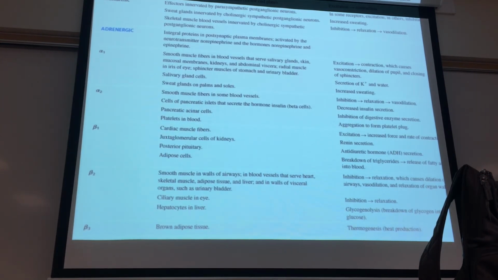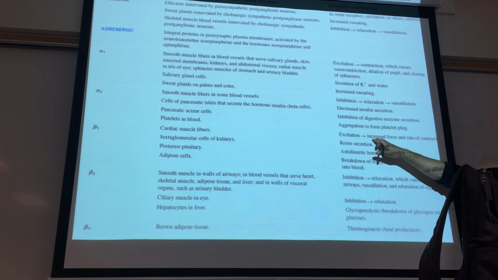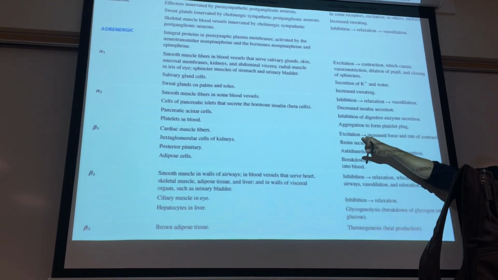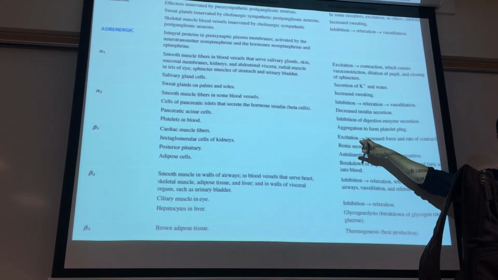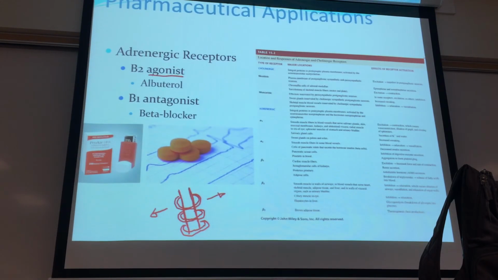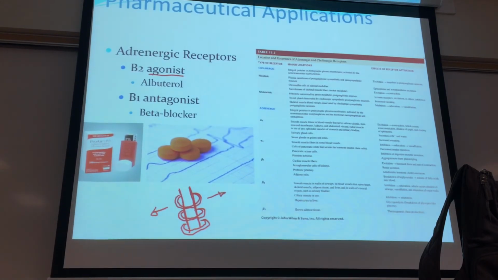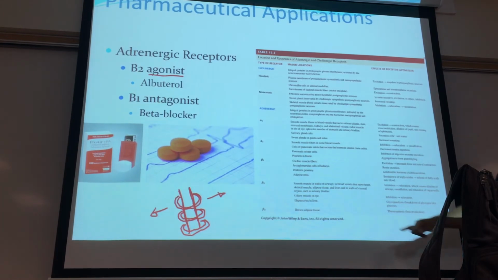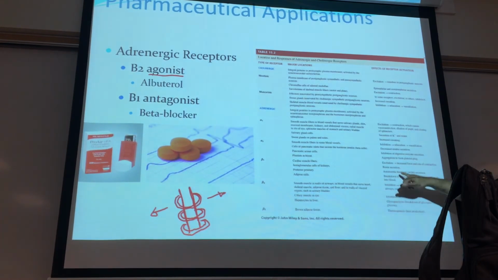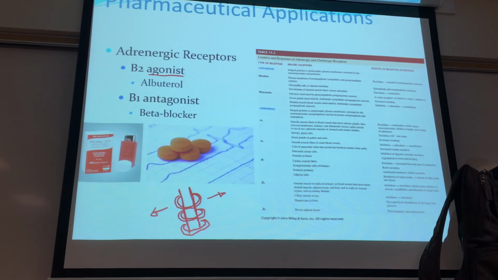And people that have issues with blood pressure, we don't want them to have a faster heart rate. We want to slow it down to bring their blood pressure down. So clearly, somebody that has hypertension, you don't want epinephrine binding, because that would cause an increased heart rate response. What we want to do is give them something that blocks those beta-1 receptors.